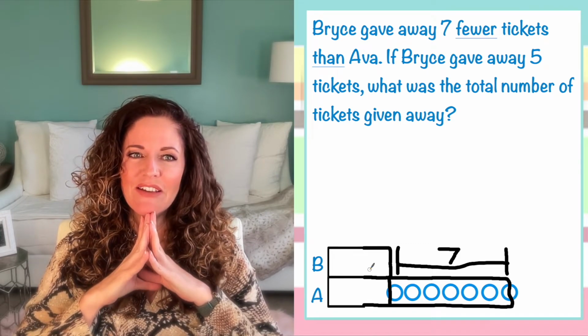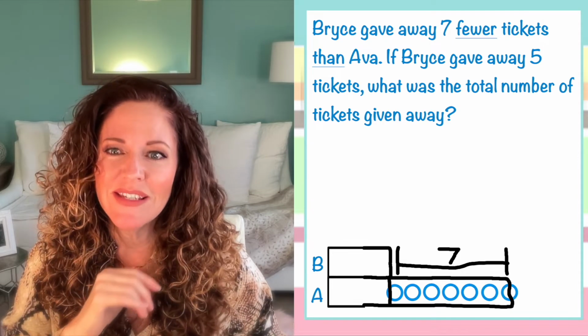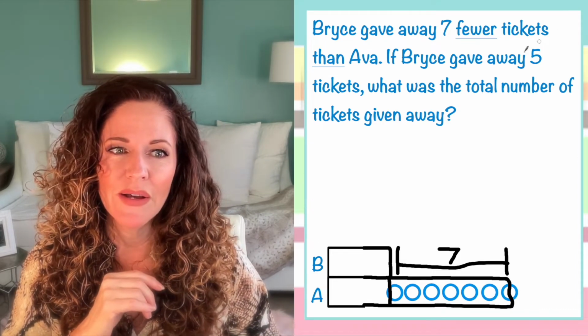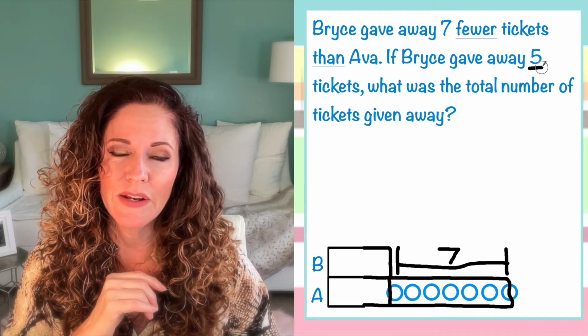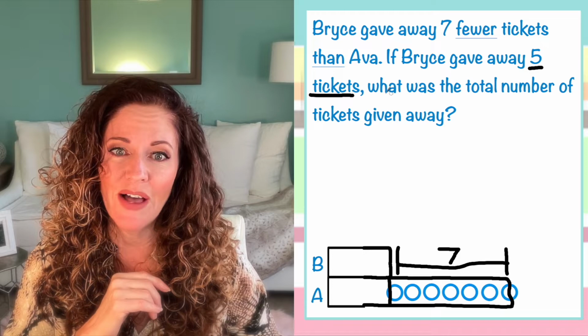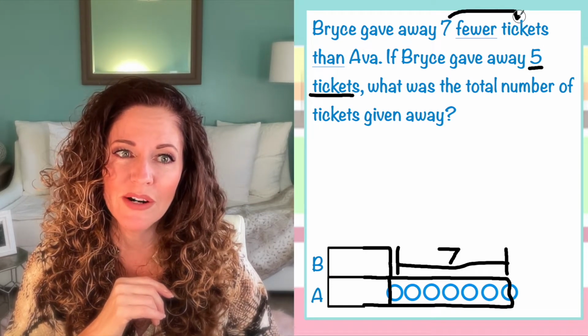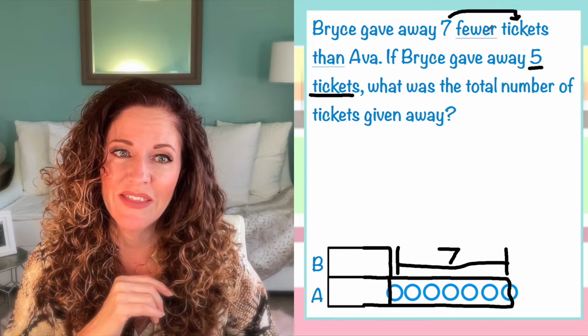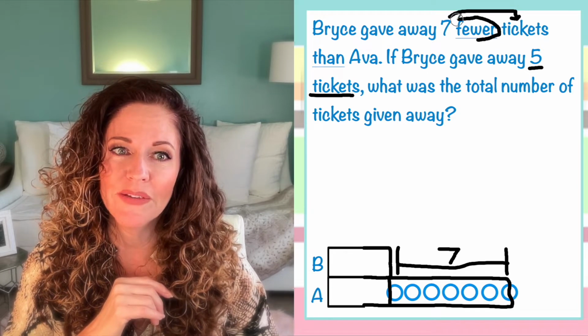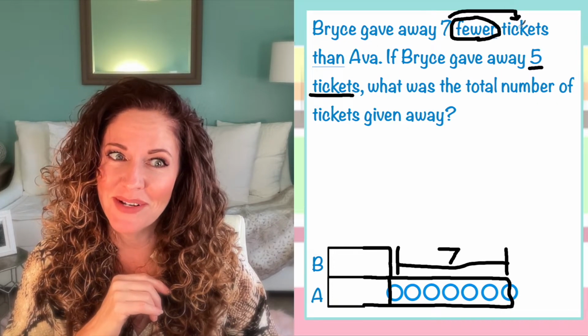It says, if Bryce gave away 5 tickets. Now, this is an easy part of the problem to model because there's the number that we're counting and the object that we're counting right next to each other, 5 tickets. Earlier, we had 7 fewer tickets, not just 7 tickets. That changes the problem because there's a word in between our number and what our number is counting.